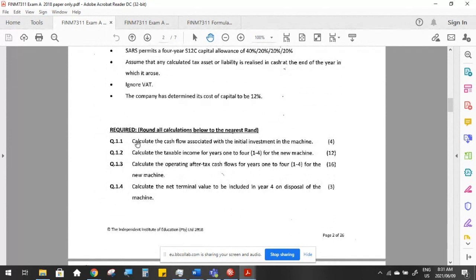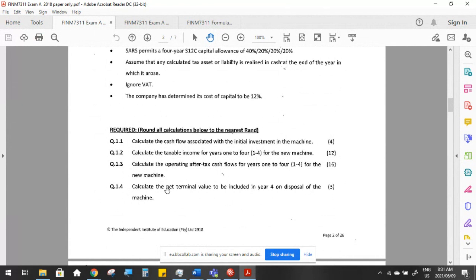Calculate the cash flow associated with the initial investment in the machine. That's 4 marks for the initial cash flow. Then for 12 marks, calculate the taxable income for years 1 to 4 of the new machine. Please read carefully. That's the taxable income that we want, because we need it to then do step number 3 for 60 marks, which is to calculate the operating after-tax cash flows for years 1 to 4 for the new machine.